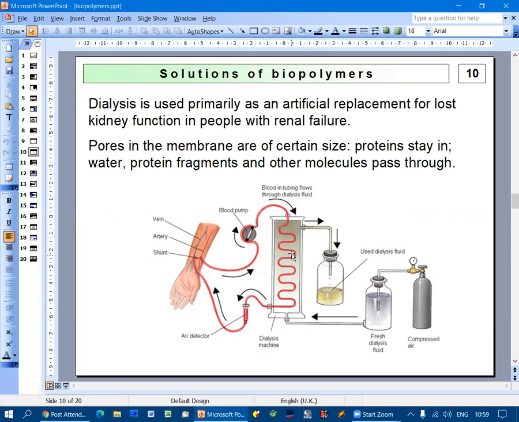Low molecular weight compounds, excess of water, all toxins, they will go into dialysis fluid and it will be removed and replaced with fresh portions of dialysis fluid, and blood will return to the body with the help of the dialysis machine.